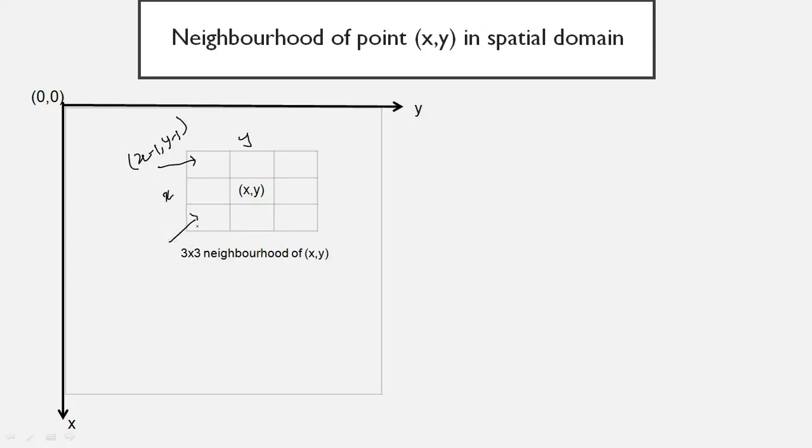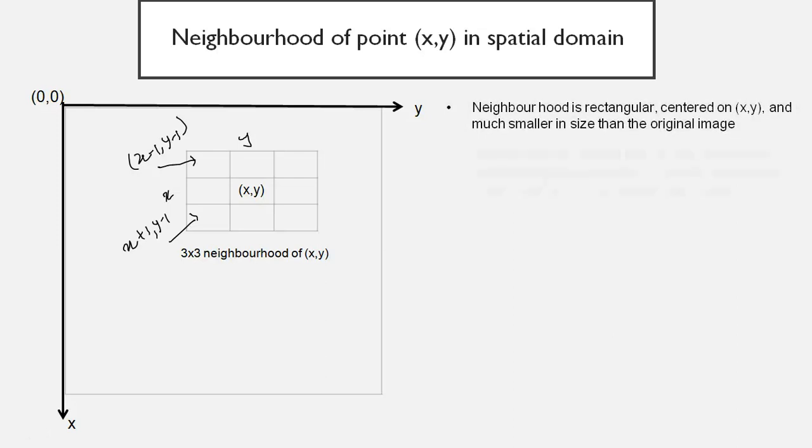This will be x plus 1 comma y minus 1 cell. So these are the 8 neighbors of this pixel x comma y. This is the 3 cross 3 neighborhood of the pixel at location x comma y. We have already seen this in the first segment of fundamentals.